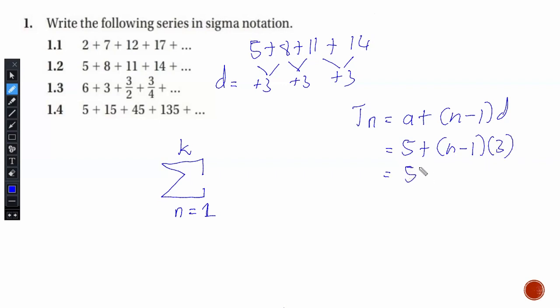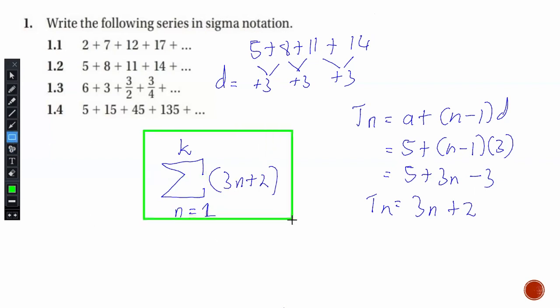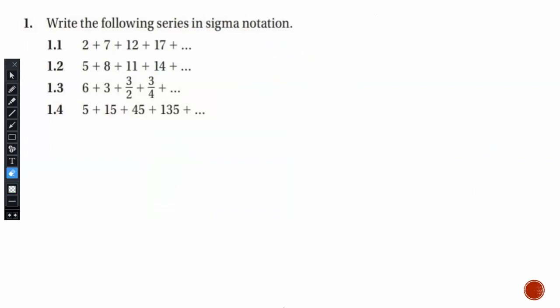So we are going to have 5 plus 3n minus 3. 5 minus 3 is 2. So our Tn is 3n plus 2, and then you simply just put it here. Then done. You have represented the sigma notation for that.